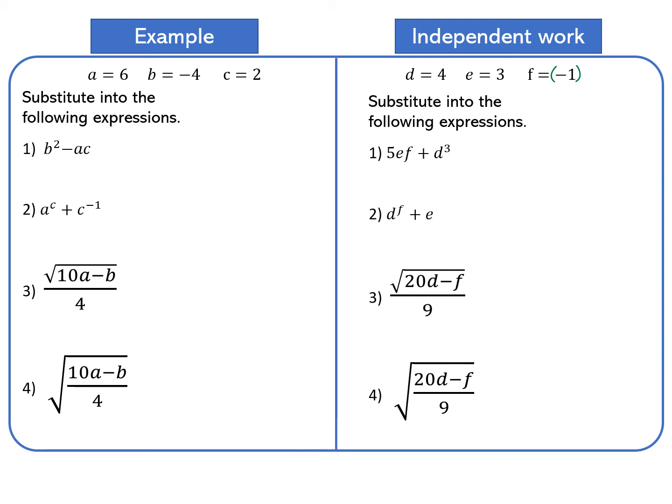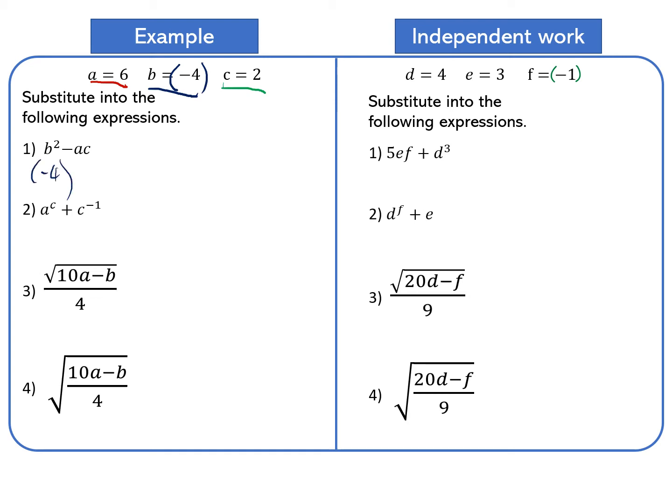We're going to start out with A is equal to 6, B is equal to 4, C is equal to 2. So instead of B, first of all, I'm going to replace that with my minus 4. Make sure you place it in a bracket before you begin.